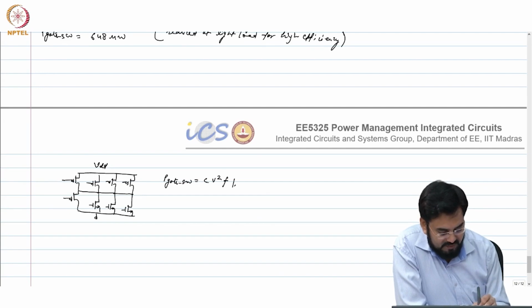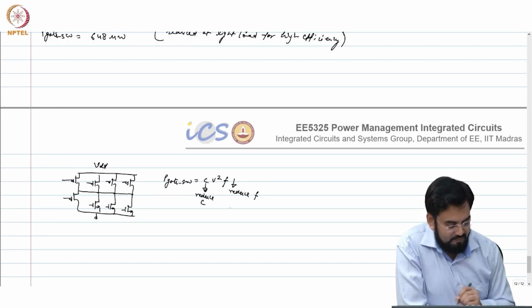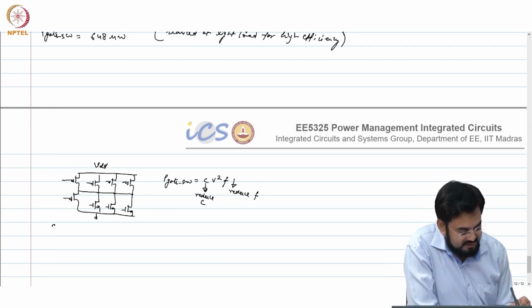Reduce here. This is called segmented FET.